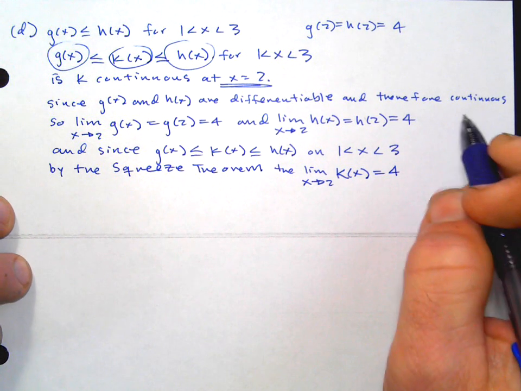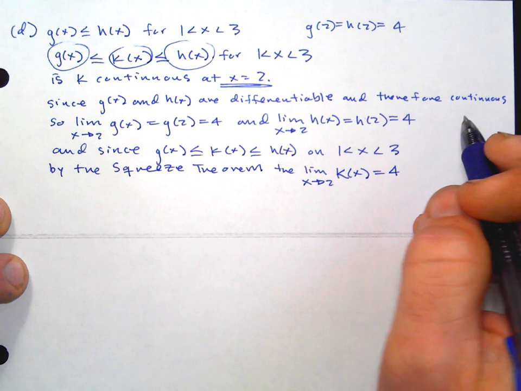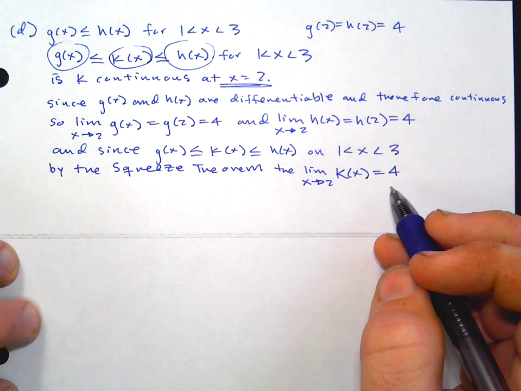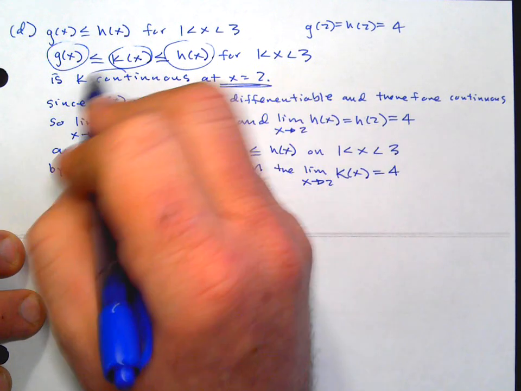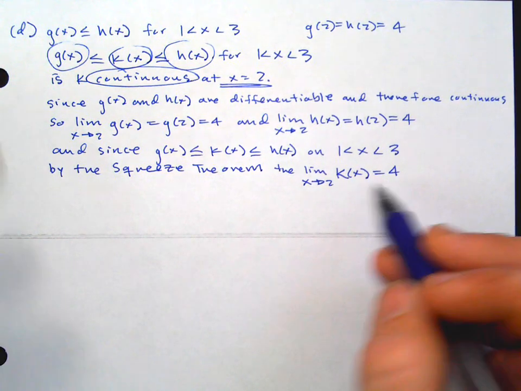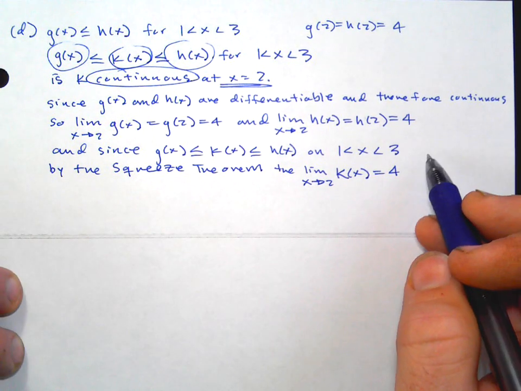They both equal 4. Now, we haven't proved it's continuous yet, but we've proven what the limit is. Okay, if you're going to prove that something's continuous, you got to show what the limit is, both sides limit, and then you got to show the value and show that they agree.